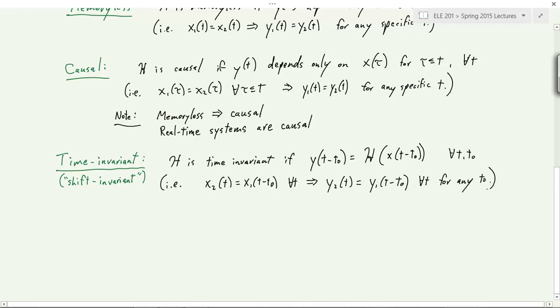Okay, so there's a time invariant system. Now a property we're familiar with here: linear. We already said what that is.